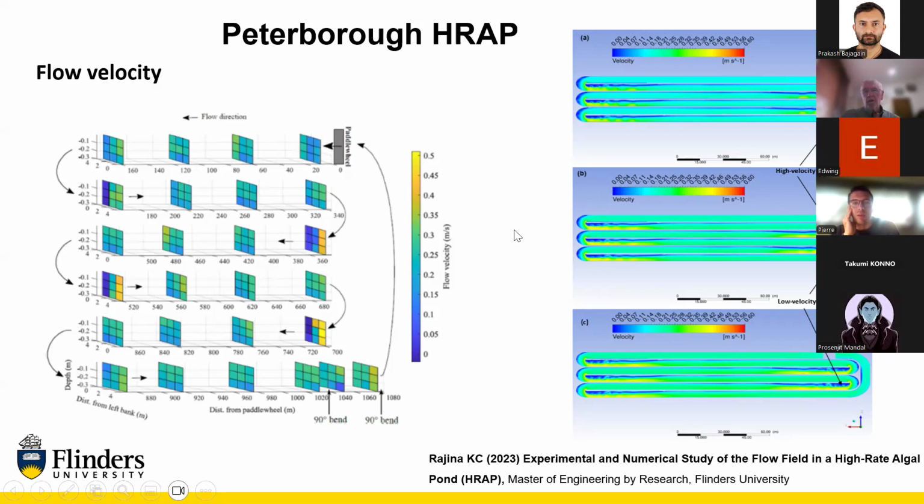And that's what is pretty innovative, because there's been work on raceway modelization for hydrodynamics before, but for HRAP of this size, that's the innovative part. And as you mentioned, maybe this next slide is a comparison between what the model gives and what was actually measured in the field.